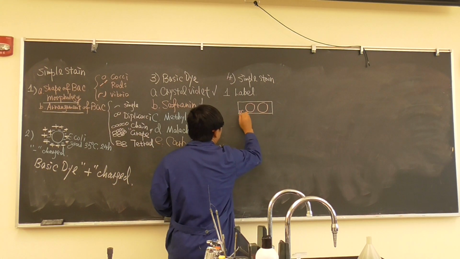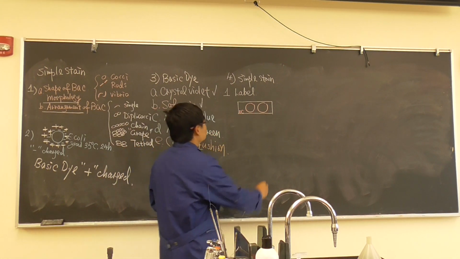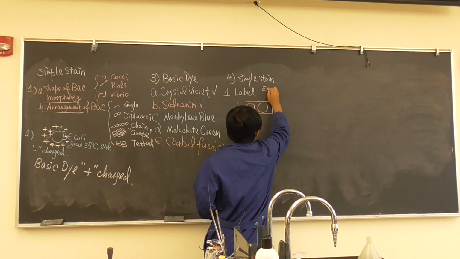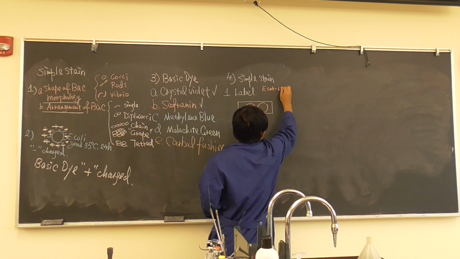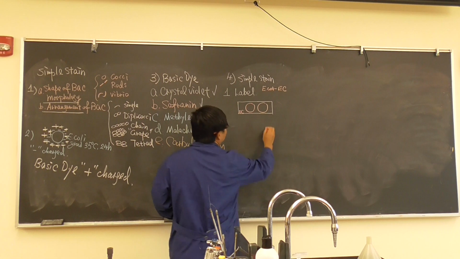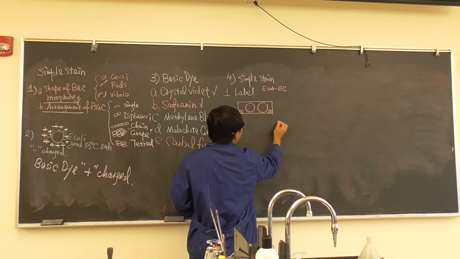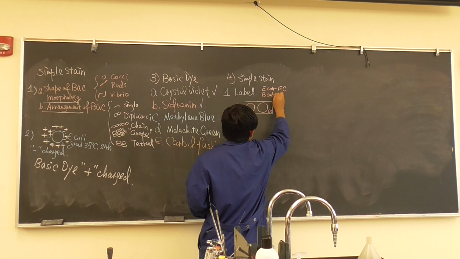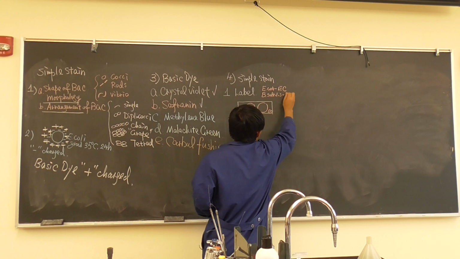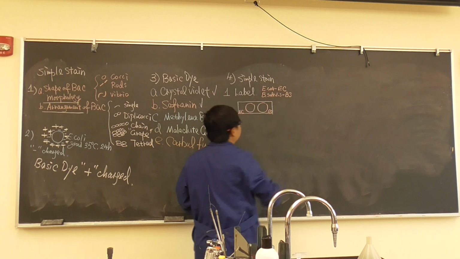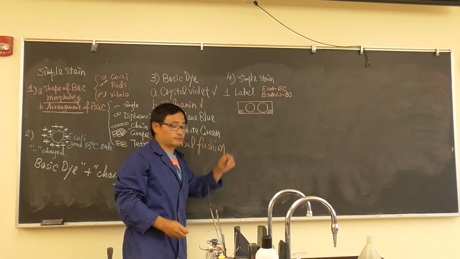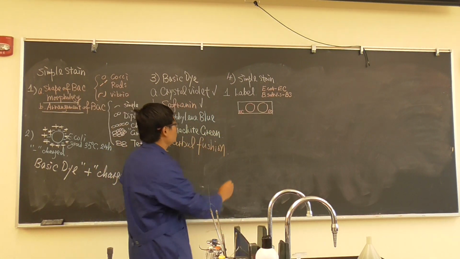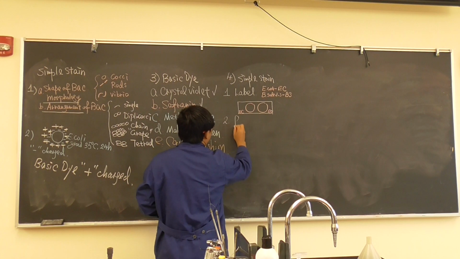The first thing is to draw two circles, big circles. You're going to label them. One is EC, that means E. coli. Then we will write the acronym EC. Another one we're going to write BS. Okay, that means Bacillus subtilis. That is BS. And draw a true circle. The second thing you're going to do is flip it over.